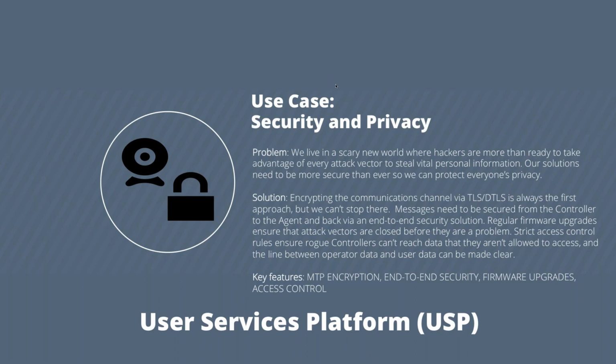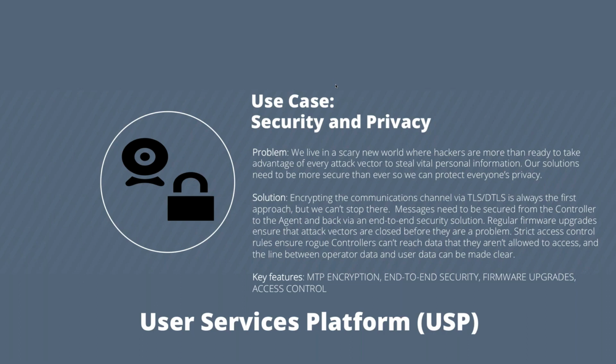So some of the solutions that we have in place as part of USP is that we're definitely encrypting the communications channel by TLS and DTLS. That's always the first approach, but we don't stop there.